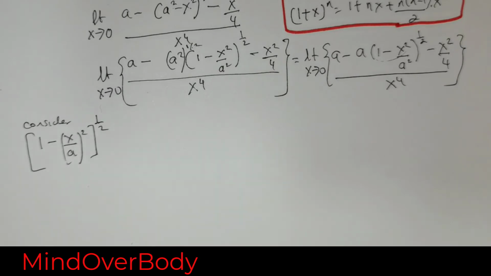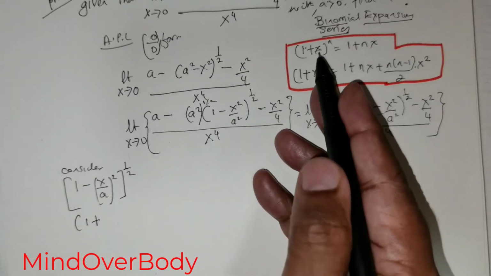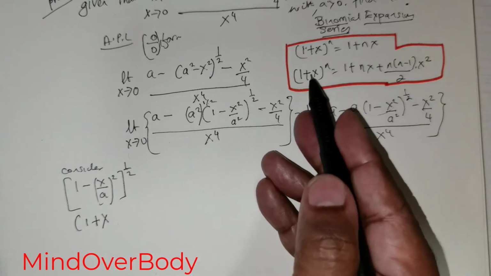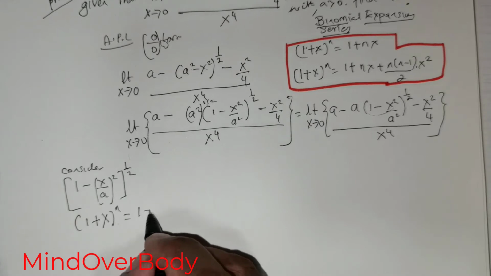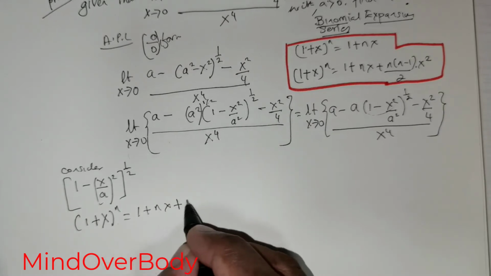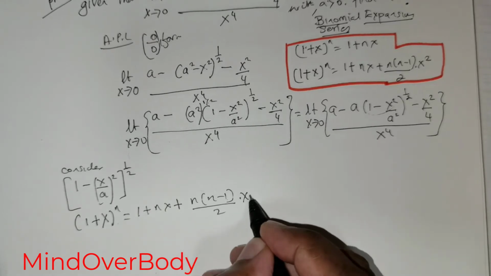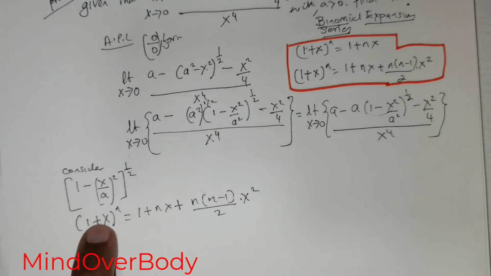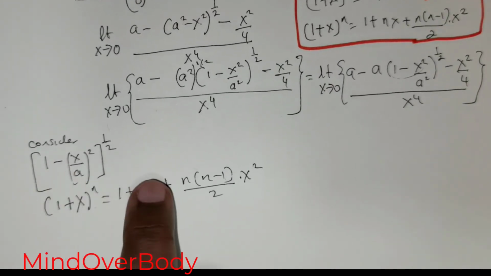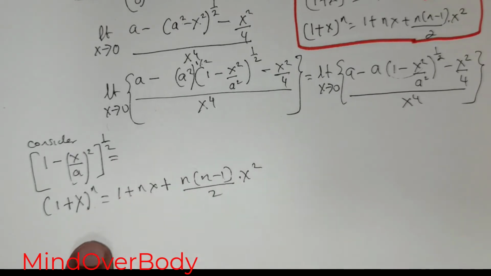Now we know that, in fact, I will be using this: 1 positive x raised to the power of n is equal to 1 positive n times x positive n into n negative 1 divided by 2 times x to the power of 2. So in this case, instead of plus, I got a minus. That means the signs would be alternating. That is the first observation you will have to take into consideration.